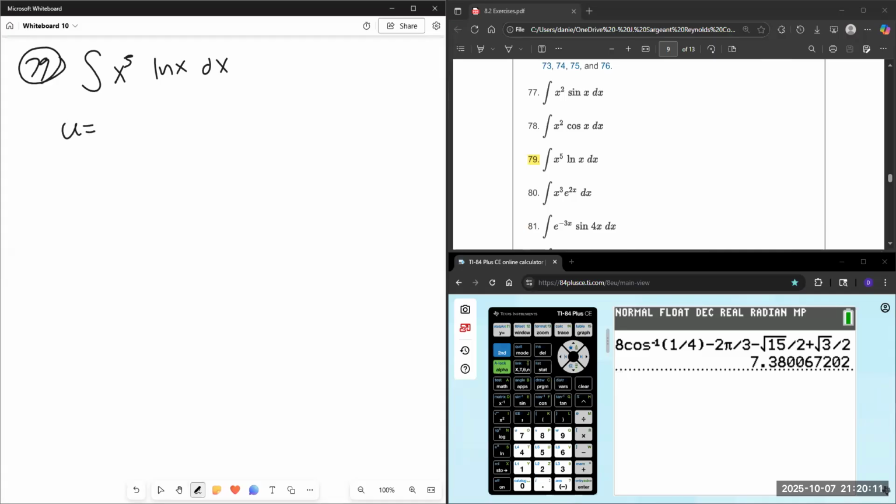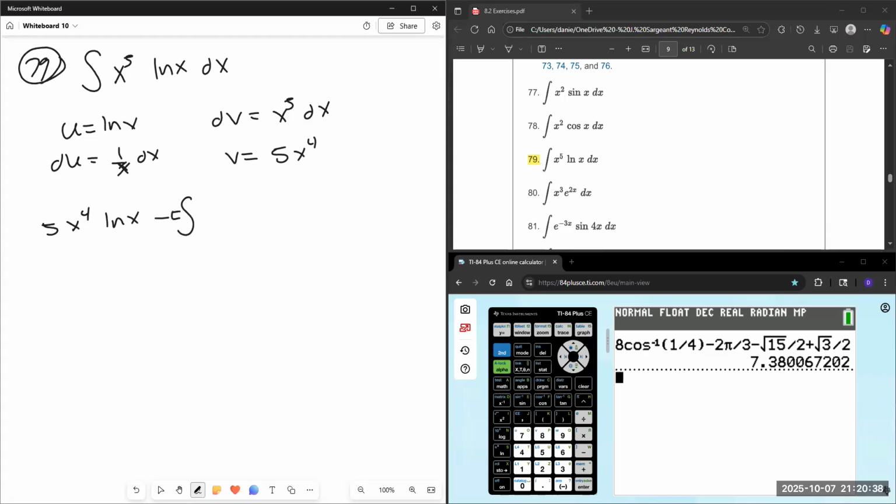So my log piece has to be my u, my dv has to be everything else that's left, and du is 1 over x dx, and v is equal to 5x to the 4th. So this is going to be uv minus the integral of v du.